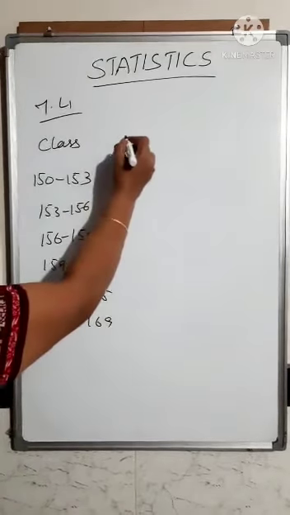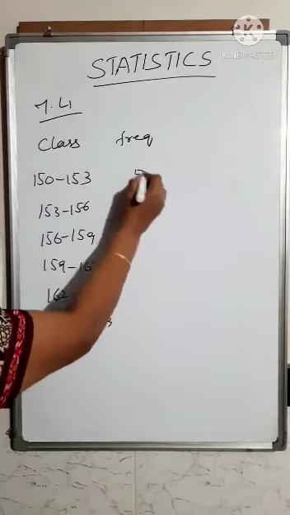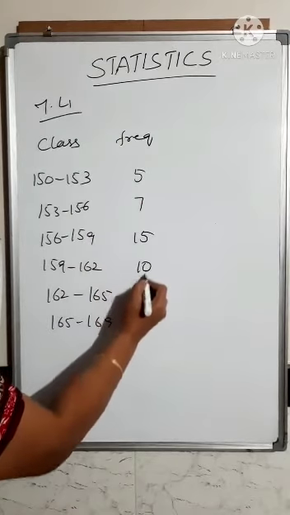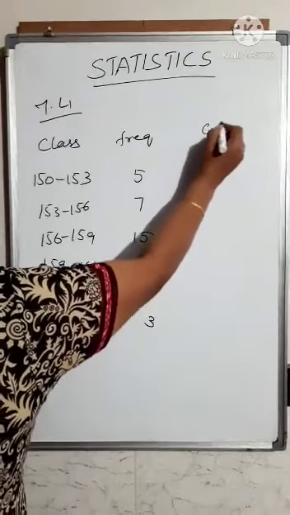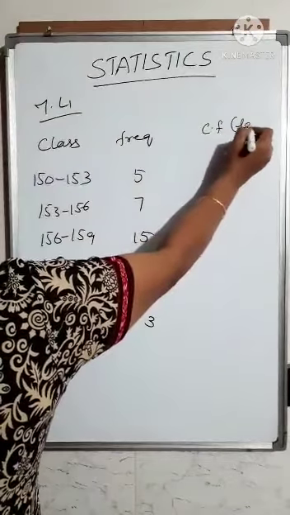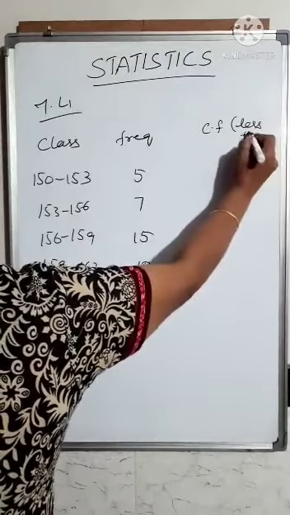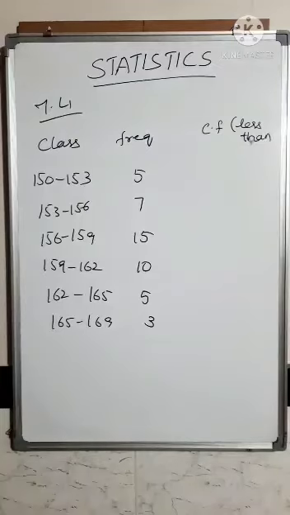And the frequency is given, that is the number of students: 5, 7, 15, 10, 5, 3. So here you are finding out cumulative frequency less than type.